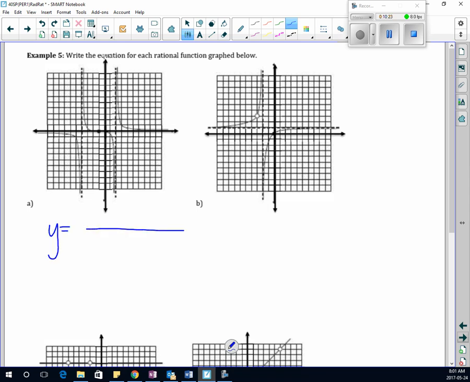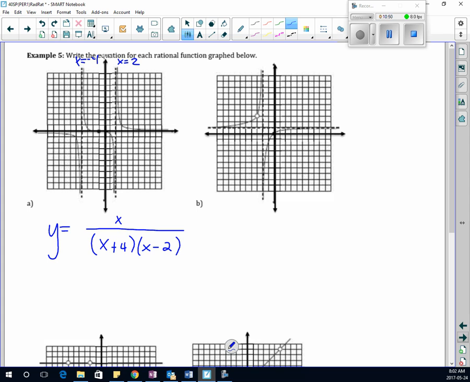So let's just look at the vertical asymptotes right now. We have a vertical asymptote at x equals negative 4, and x equals 2. So that's represented by x plus 4 times x minus 2.